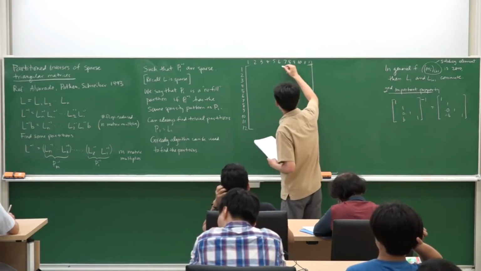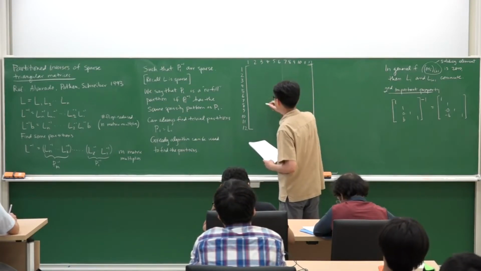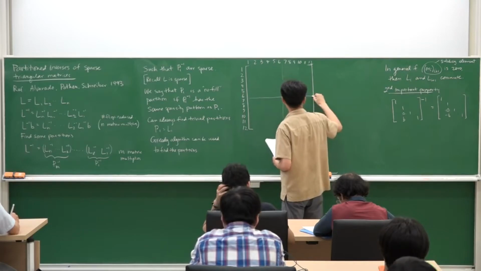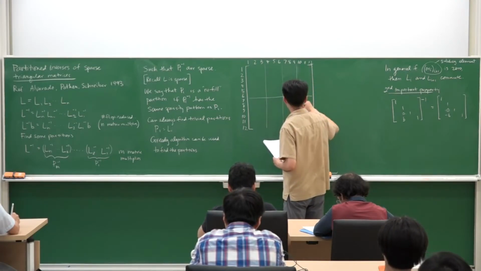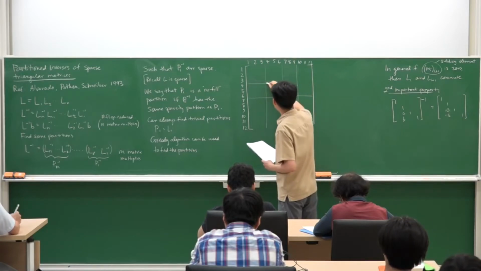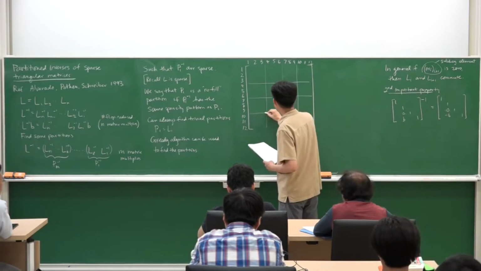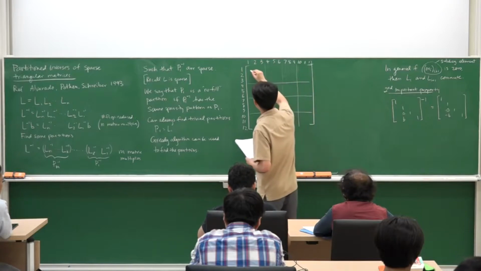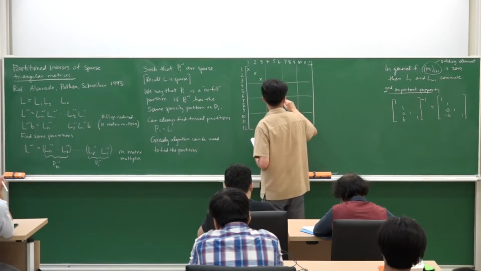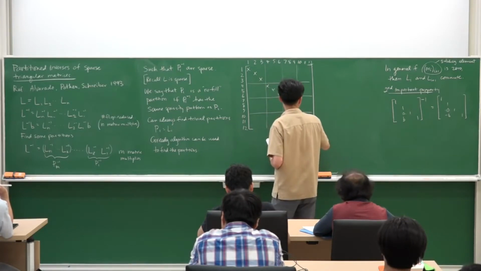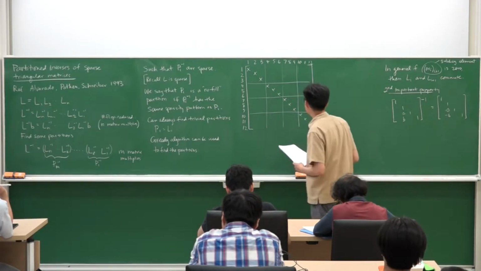Okay, and I'm going to draw some lines to help me out. And it's going to be a lower triangular matrix with a full diagonal. So I'll first draw in the diagonal.